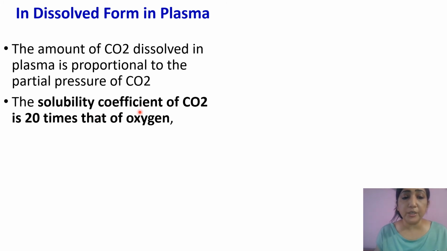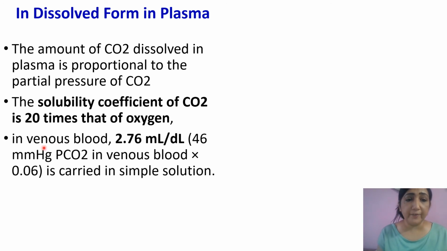The solubility coefficient of carbon dioxide is 20 times higher than oxygen, so 7% of the carbon dioxide is transported in soluble form. In venous blood, at 46 mmHg, it is carried in simple solution, which is 2.76 milliliters per deciliter.